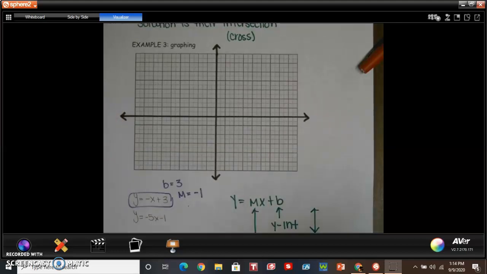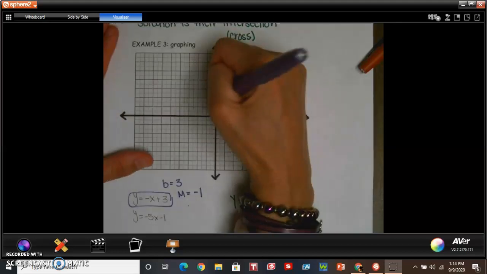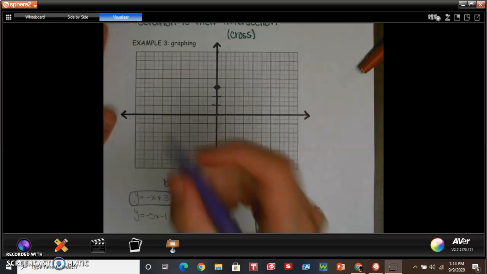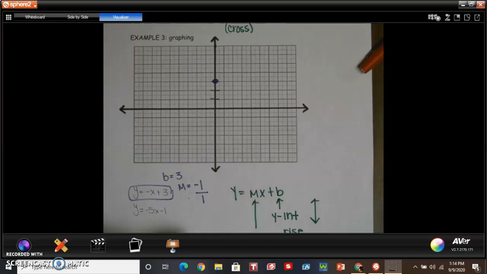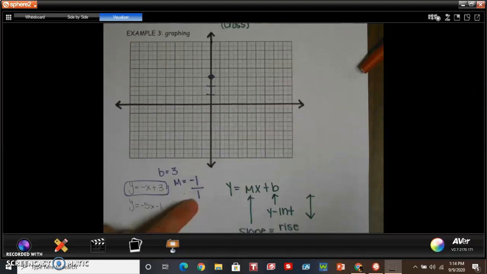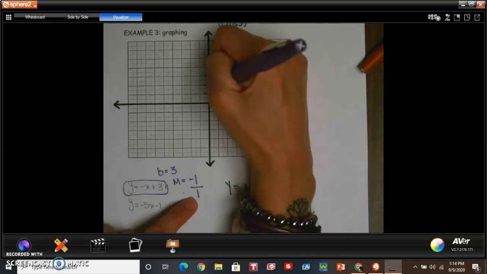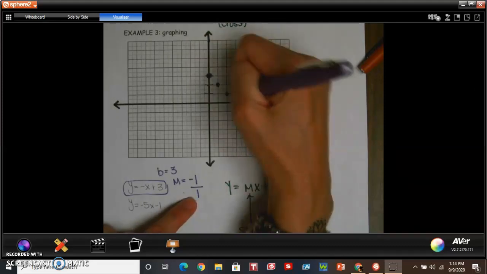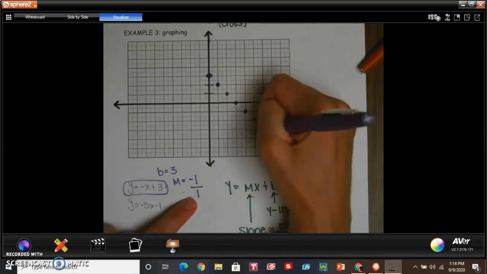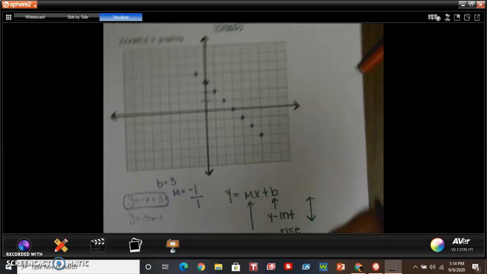So I'm going to go up to 3, 1, 2, 3, and that's where my first dot is going to go. Now, negative 1 over 1 means I'm going to rise negative 1, so I'm going to go down 1, and run positive 1, going over 1, like so. You could keep doing the slope like this, or you could just use a ruler and draw your line.